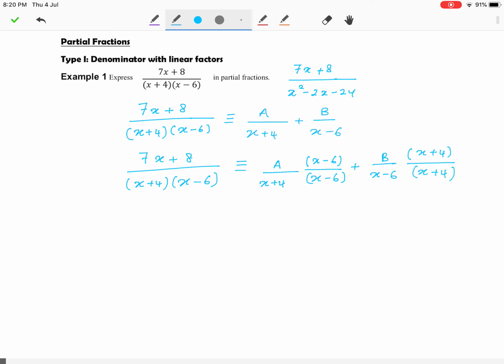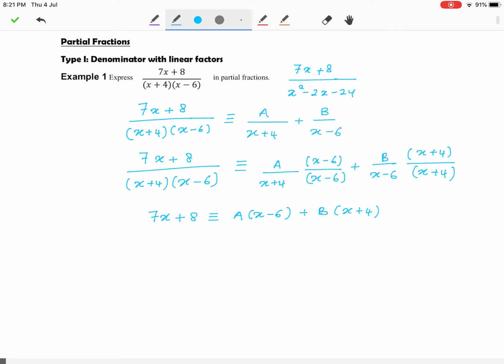Now in practice, you don't have to write that. I did that for the purpose of illustrating how it works. So in most cases, I will straight away write down 7x plus 8 is identical to or equivalent to a bracket x minus 6 plus b bracket x plus 4.